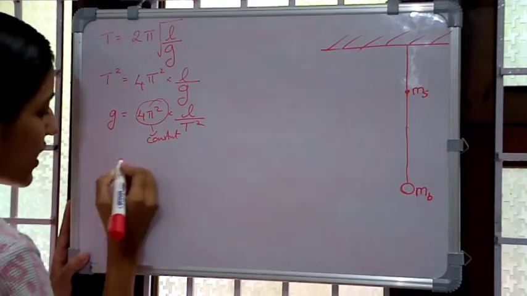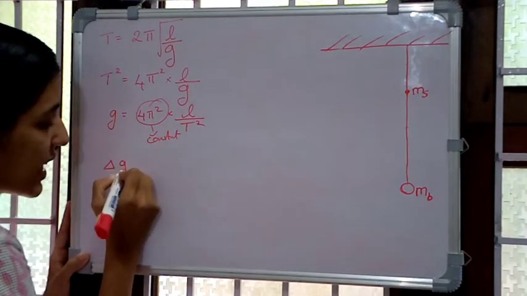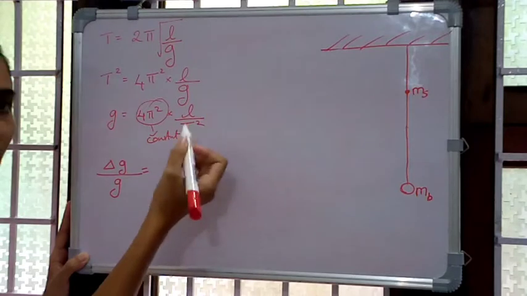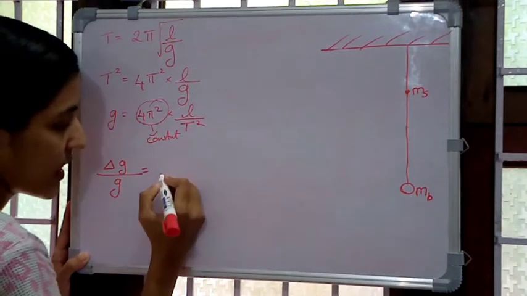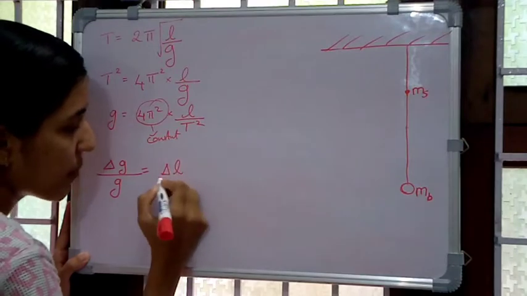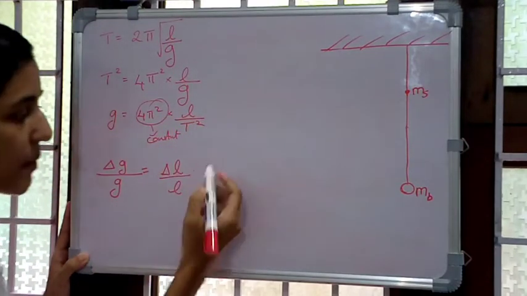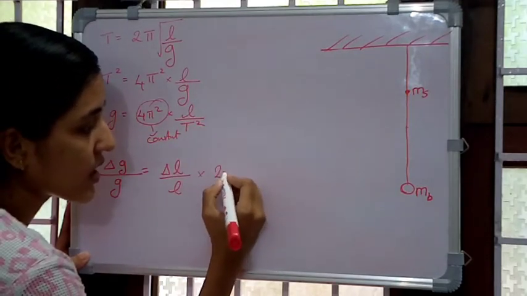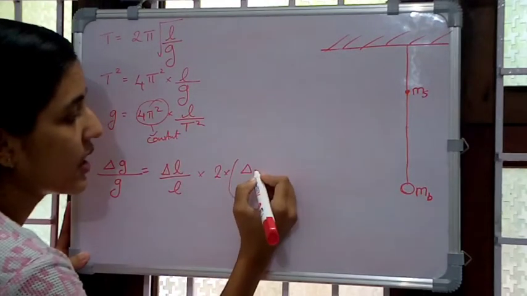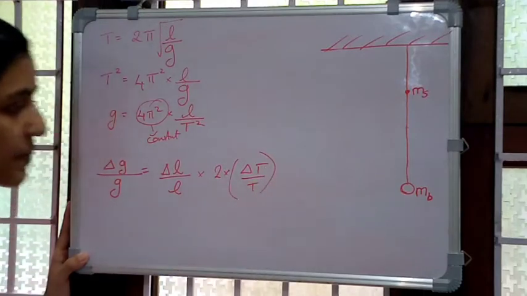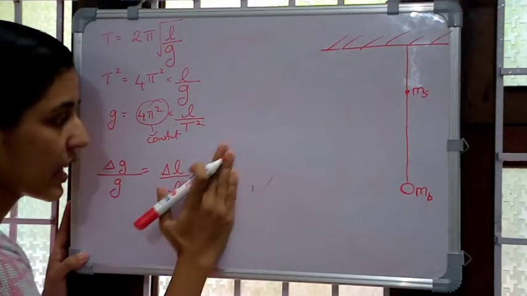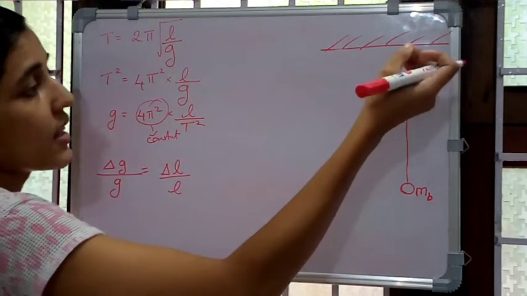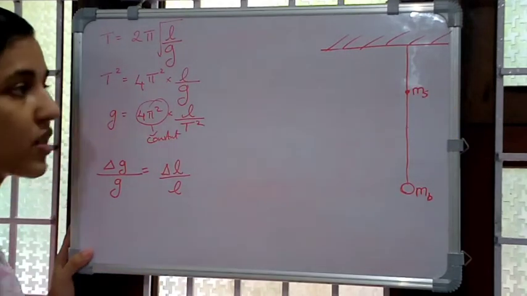We have learned that the equation for systematic error of g is delta g by g, which will be equal to, since there are two terms other than the constant, that is L and T, delta L by L, since g is proportional to L, plus, as T is squared, 2 into delta T by T. I'm not taking this T term since in the question itself it is given that the mass of the string is neglected.